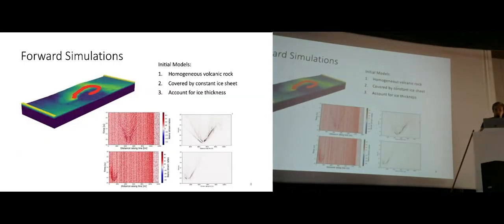Then we went on to simulate some of those already in a forward simulation. What kind of model to use, well, we are still not quite sure which one to use as an initial model, so we could use just a homogeneous volcanic rock, one that is overlaid by some ice sheet, or we also have information about the actual ice thickness. We could also account for this.